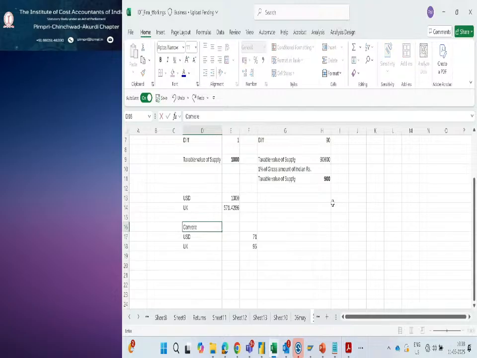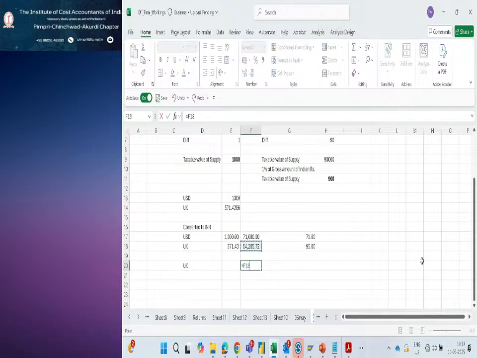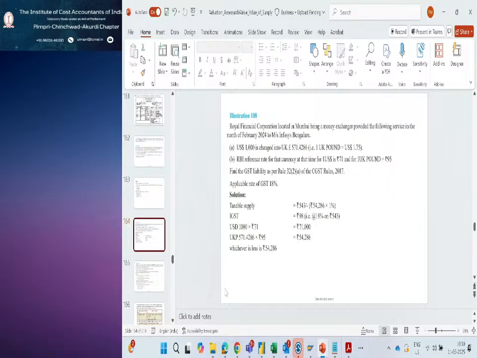Converted to INR now, 1000 into 71 and the other. Whichever is less, UK is less, which is 54,285.